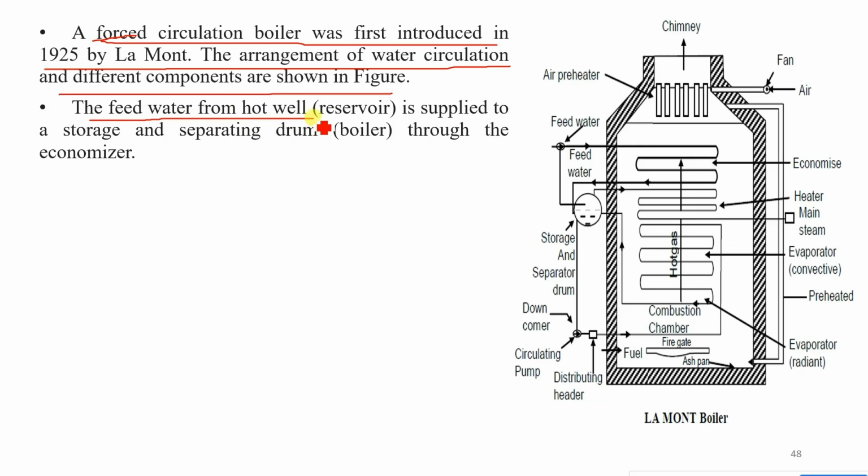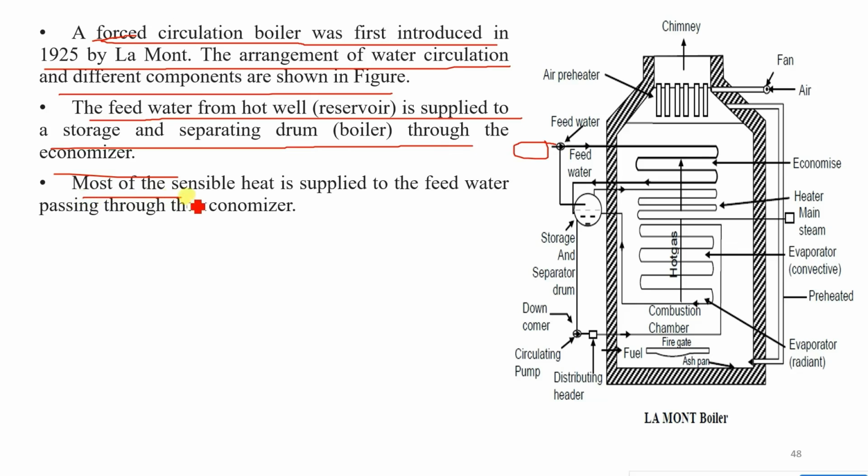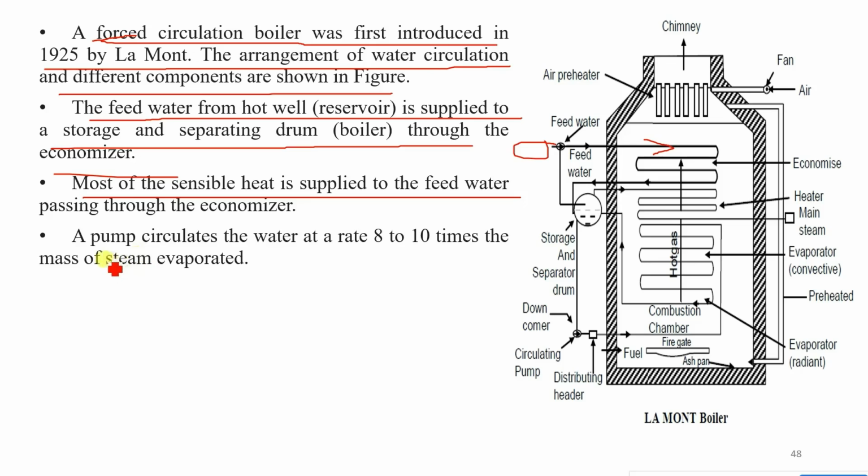The feed water from the hot well is supplied to the storage and separating drum through the economizer. Most of the sensible heat is supplied to the feed water passing through the economizer, meaning most of the temperature rise takes place in the economizer only.